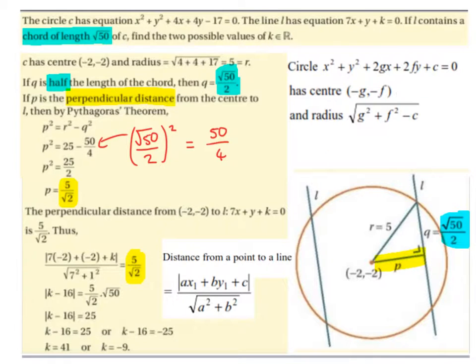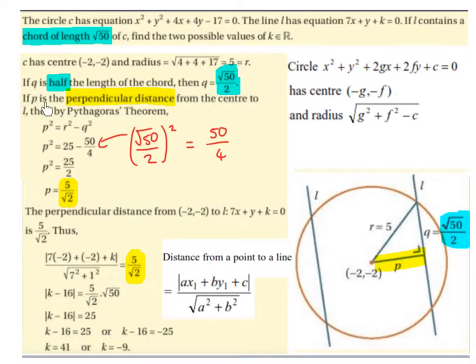Remember, we were told in the question that the chord is root 50. So the distance from this midpoint to the edge of the circle is going to be half of that, root 50 over 2. I'm going to label this as q. So the length of q is root 50 over 2.